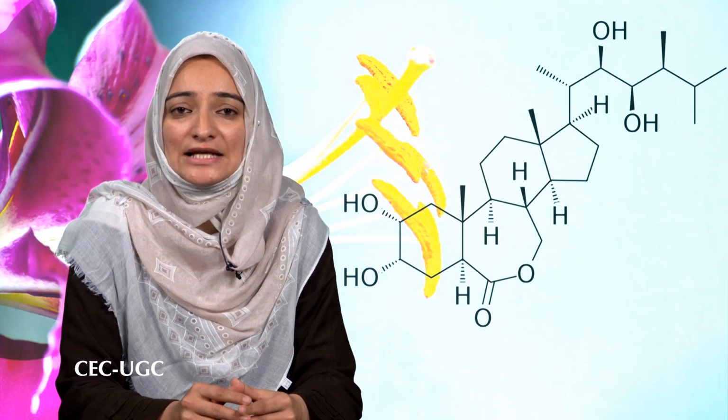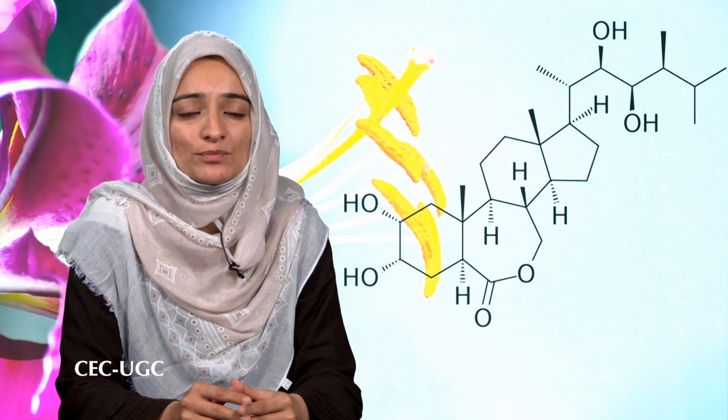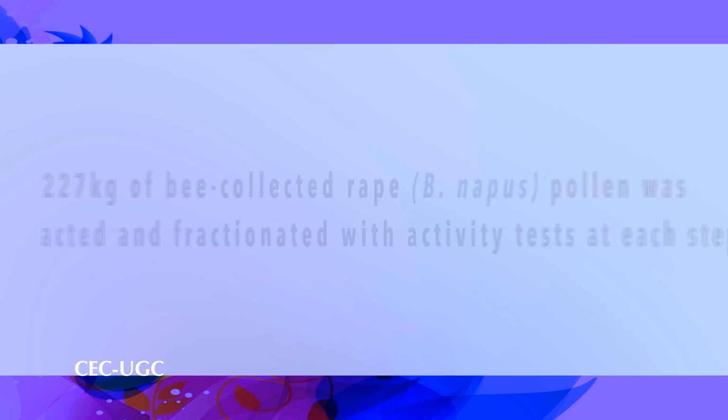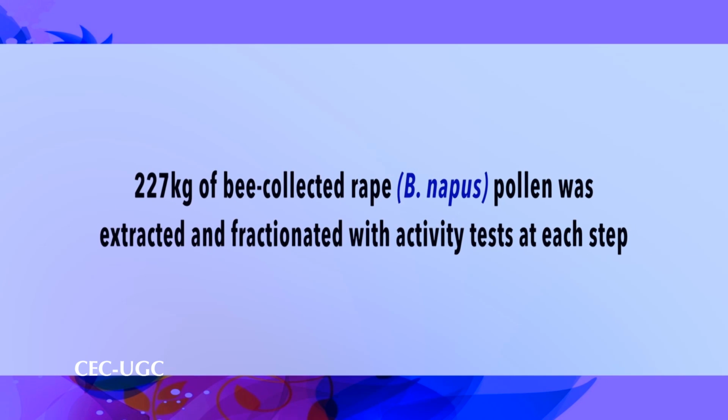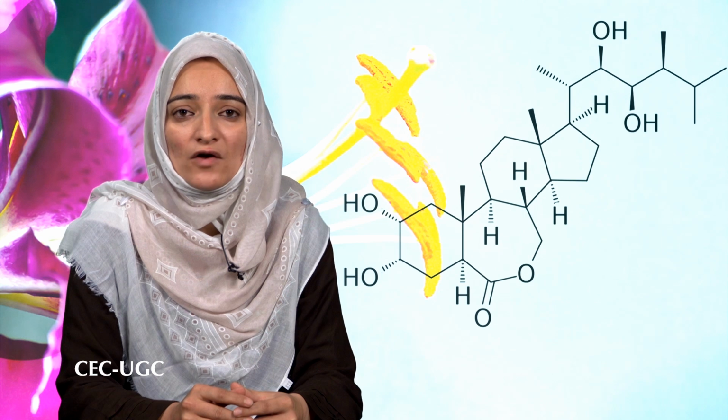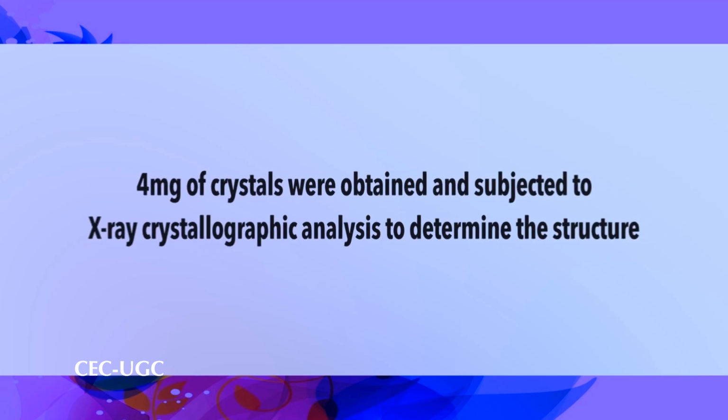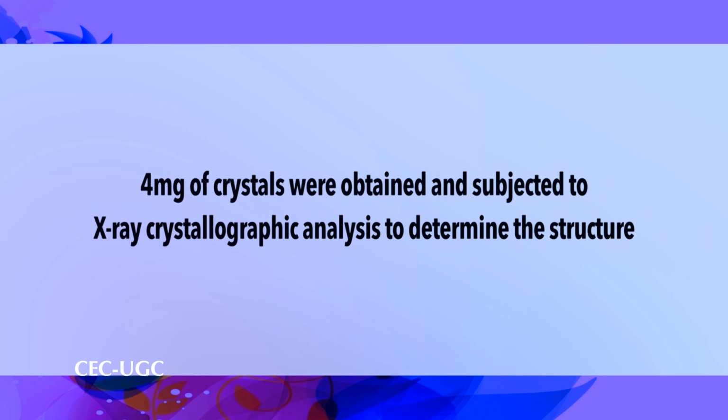A large-scale extraction and purification program was undertaken. Some 227 kg of bee-collected rape pollen was extracted and fractionated with activity tests at each step. Finally, 4 mg of crystals were obtained and subjected to X-ray crystallographic analysis to determine the structure.